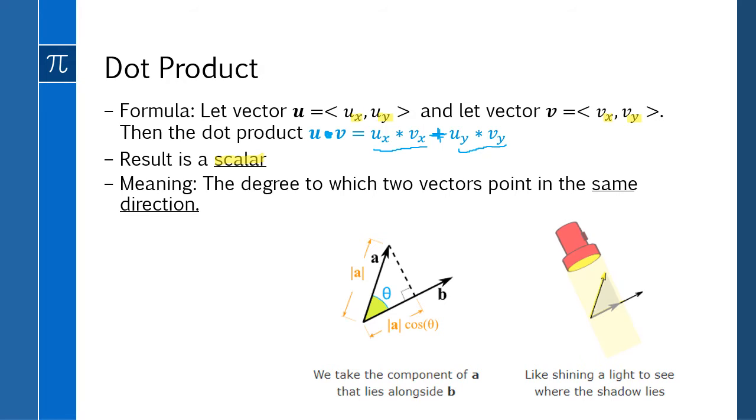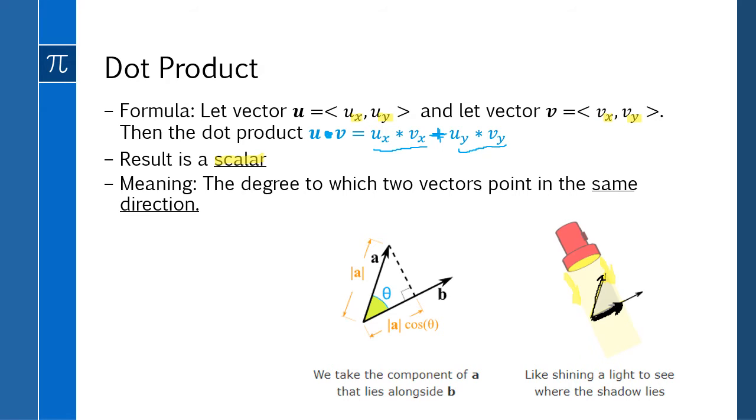So if you could imagine shining a flashlight down from one vector onto the other vector, then whatever the shadow of that first vector is, however much of this vector here is cast along the same line as the first one, that length gives you the dot product.